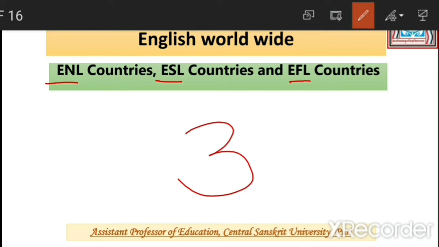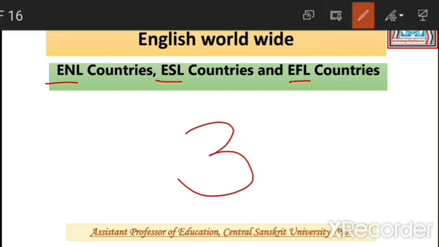Some countries come under ENL countries, meaning English as native language. English will be the native language in that particular country, like America. And ESL countries, English as a second language countries, like India.